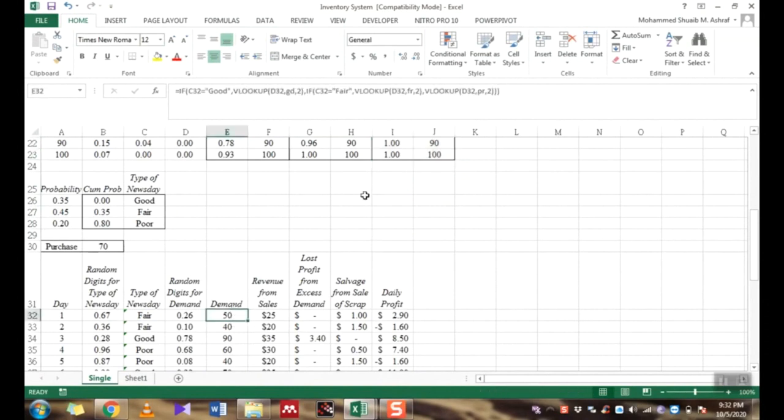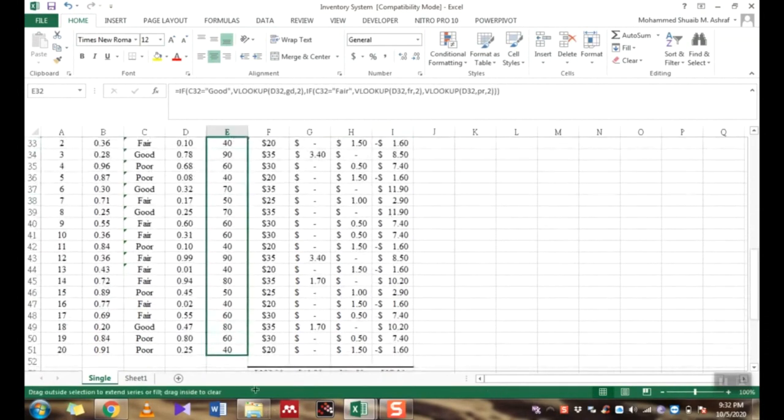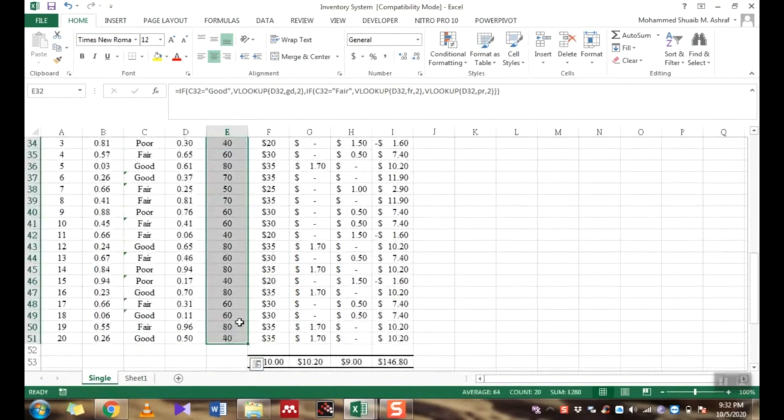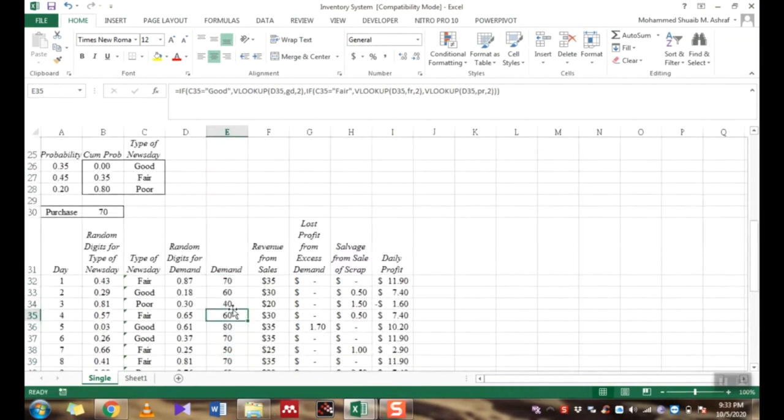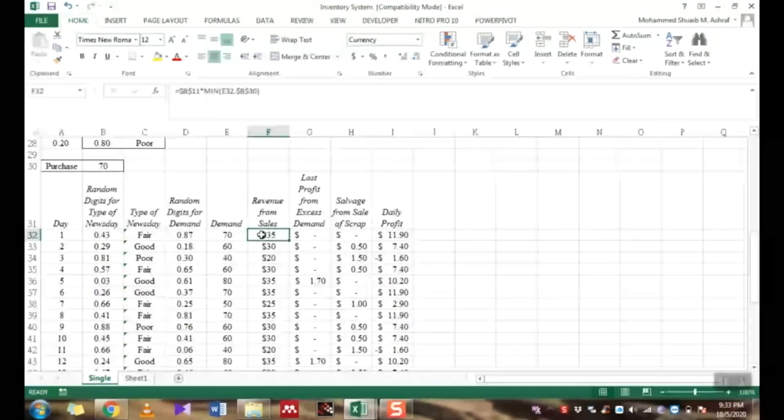You can see. Okay. This way this will be applied to all the cells, and this gives the demands for 40 days.